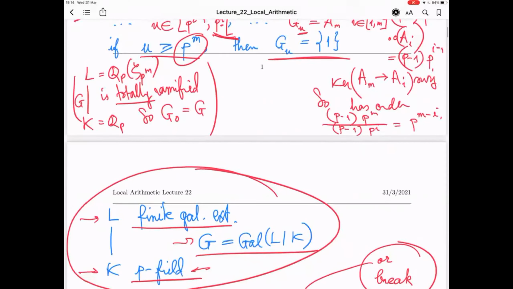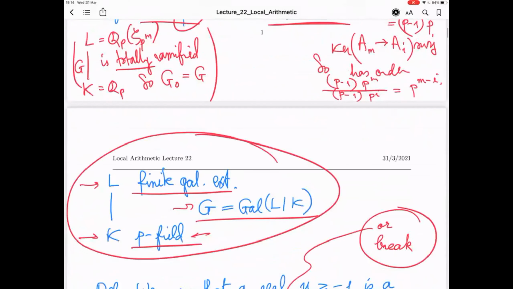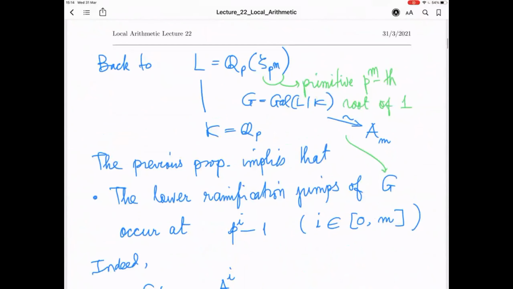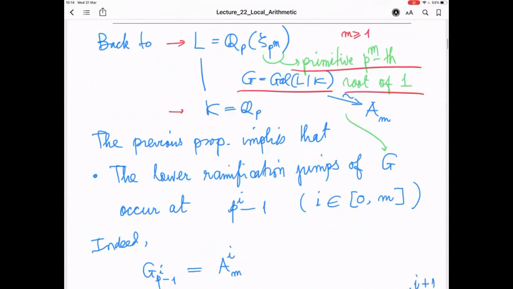So for example, in terms of this definition, if we come back to this situation, come back to our K equal to Q_p and L equal to Q_p(zeta_{p^m}), where zeta_{p^m} is a primitive p^m-th root of unity, m is some strictly positive integer, G is the Galois group.